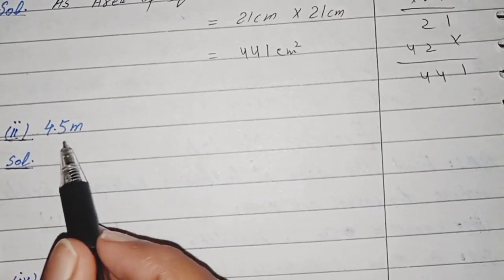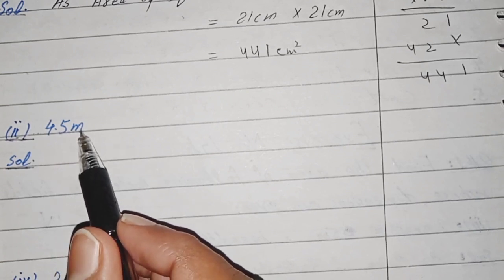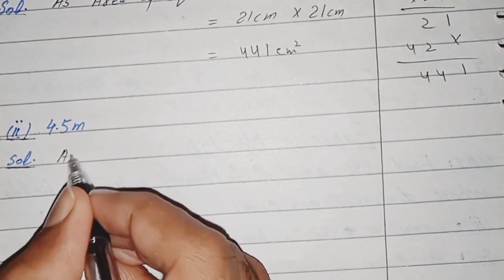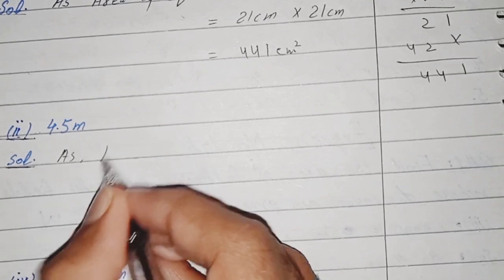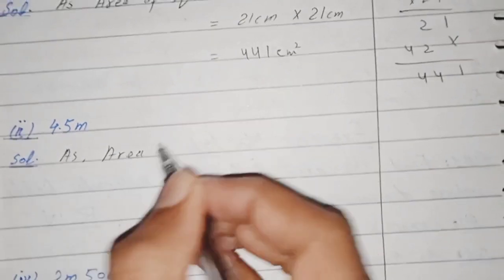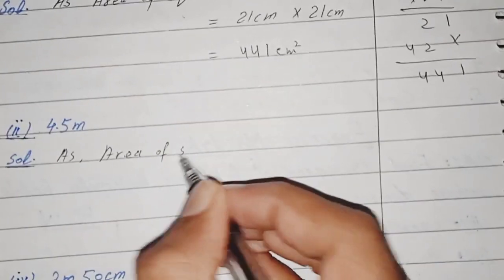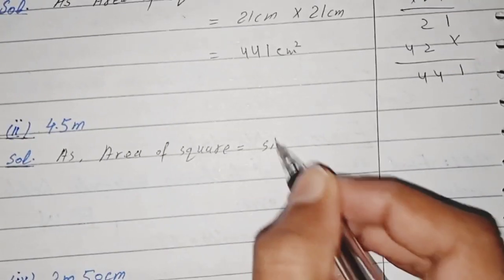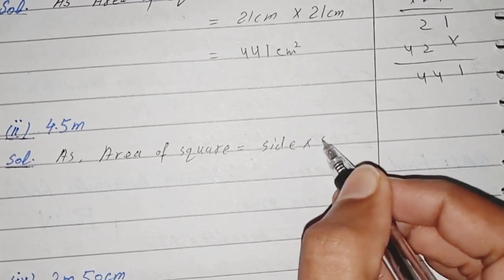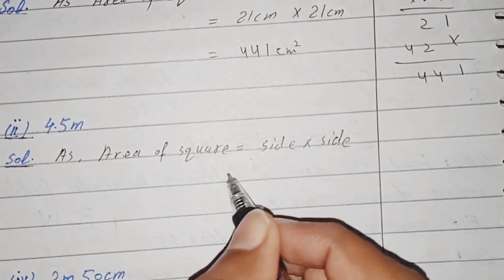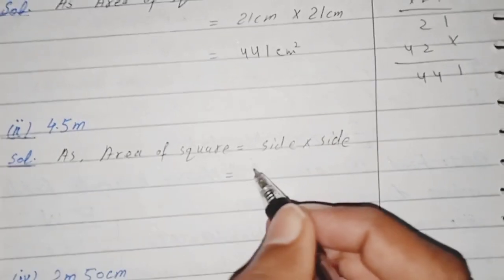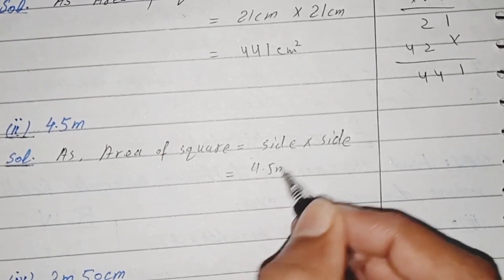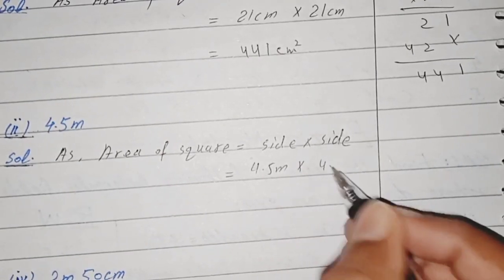Part 2 is written as 4.5 meter. First of all we will write area of square is equal to side multiply side. So the side is given 4.5 meter multiply by 4.5 meter.